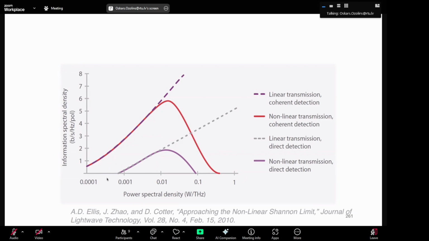And with direct detection, you don't get such a high spectral range, but you also get limited by nonlinear effects. Right. So with coherent, you can still do something. You get higher capacity because there are different ways to do this, and we're going to cover some of them later on.